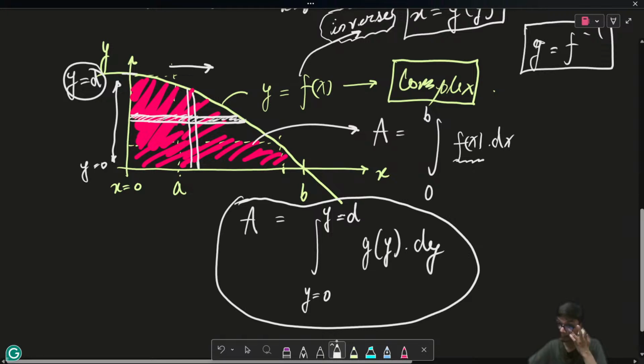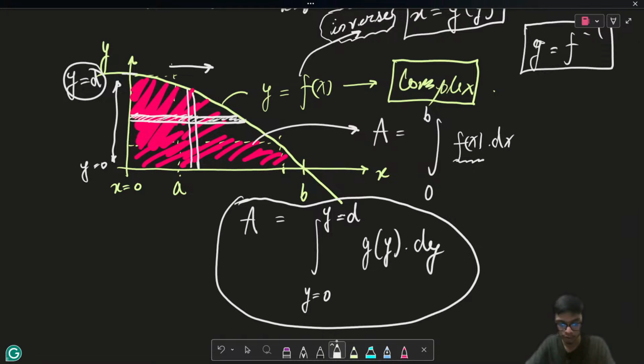Right? I hope this idea is clear. So it is not always necessary to find the area with respect to the x-axis, right? You have the flexibility to change between what you want to do. So please note this and keep this idea in your mind so that you can solve questions easily, right?